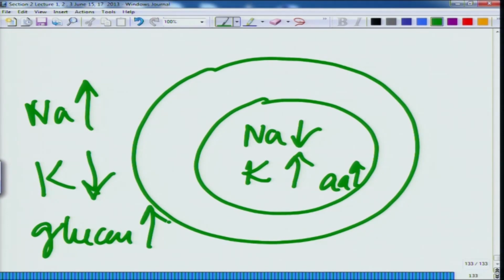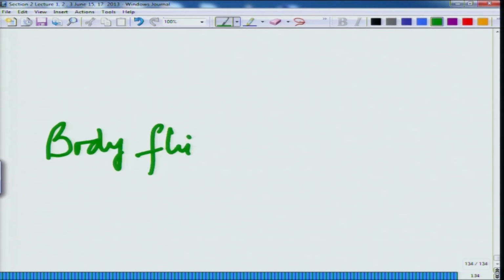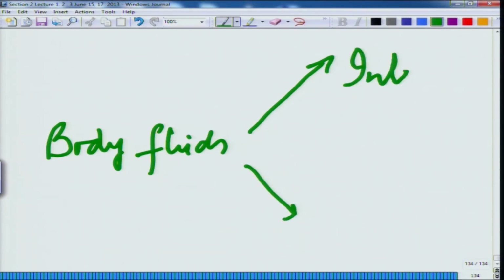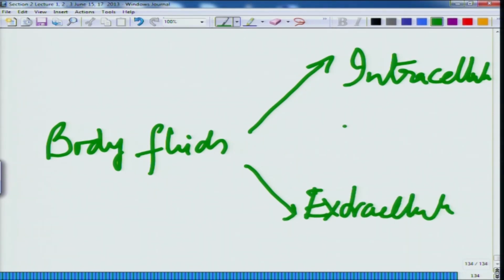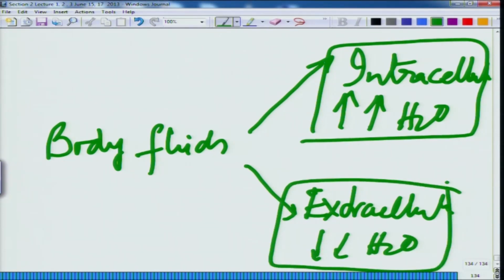The total body fluid is distributed in two compartments, either intracellular or extracellular. The major concentration of water is in the intracellular fluid and a lower concentration is in the extracellular fluid.